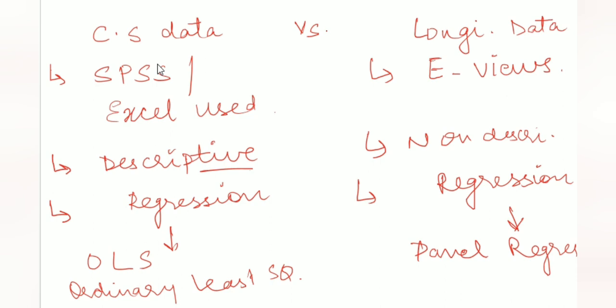I hope these two videos on types of research and types of data gave you some understanding of your own study. This is all about the types of data, where I have explained each and every concept with examples to give you a better idea and clarity in your concepts.